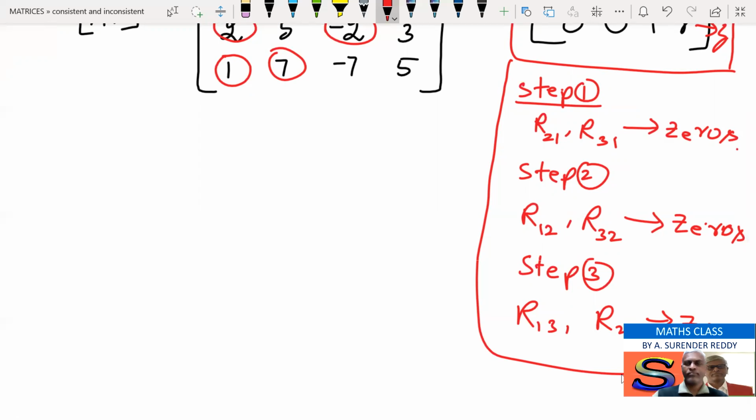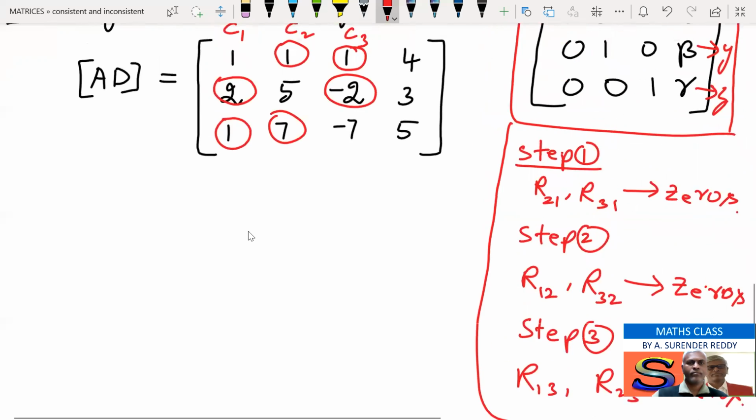Now you see how to convert this one. First R21, the second row, first element. We have to convert this into 0 by making use of R1.